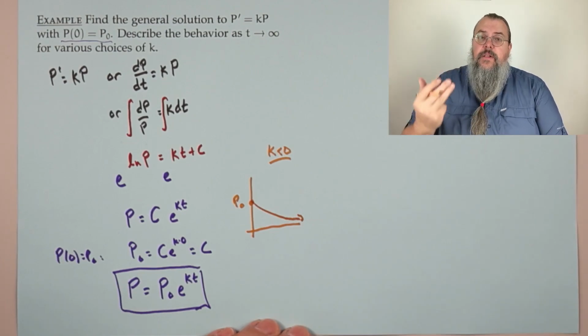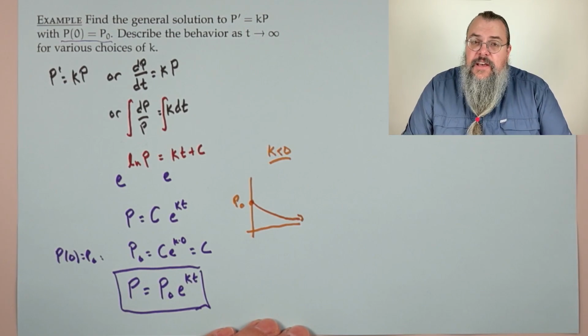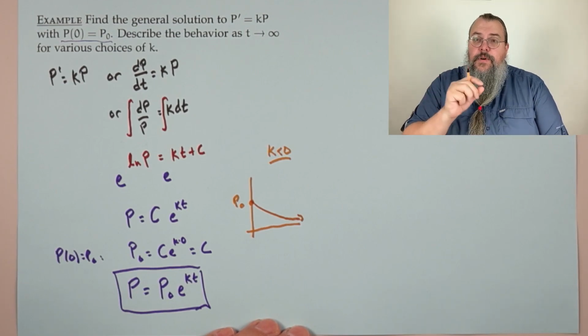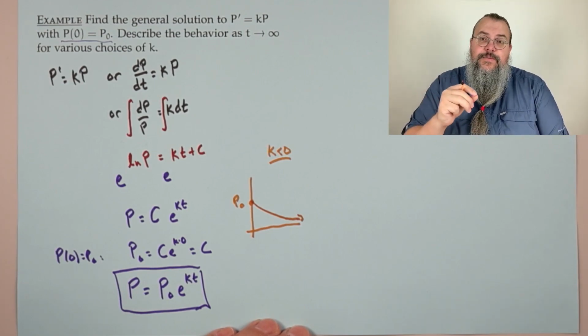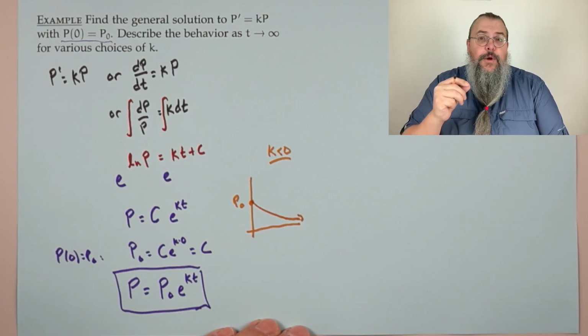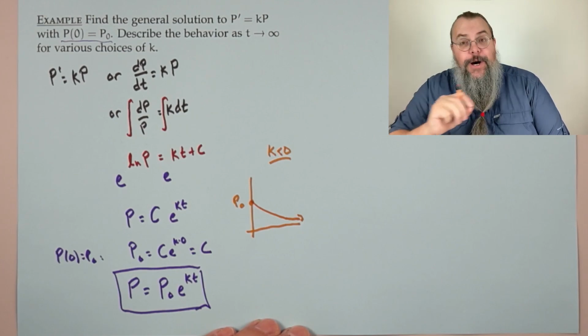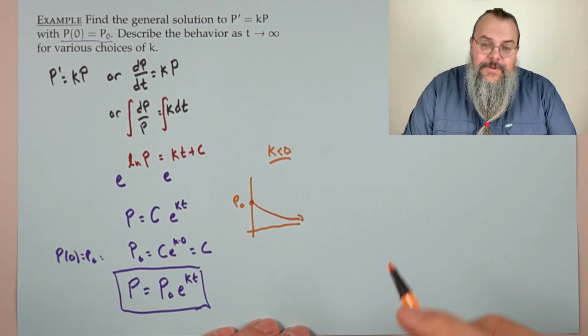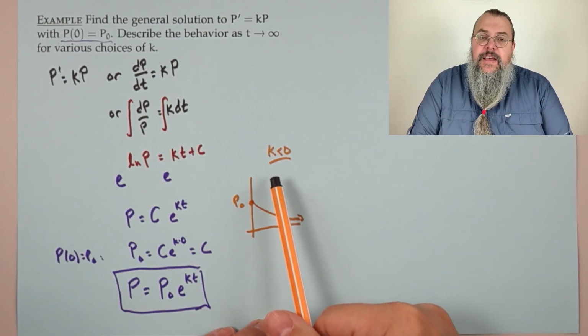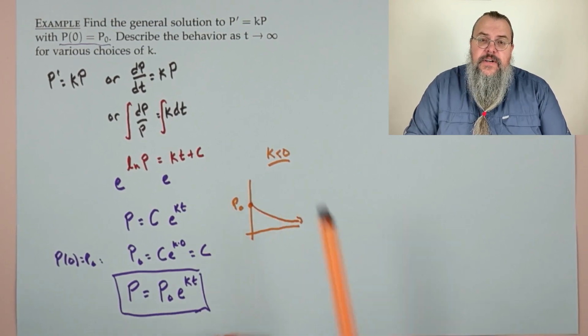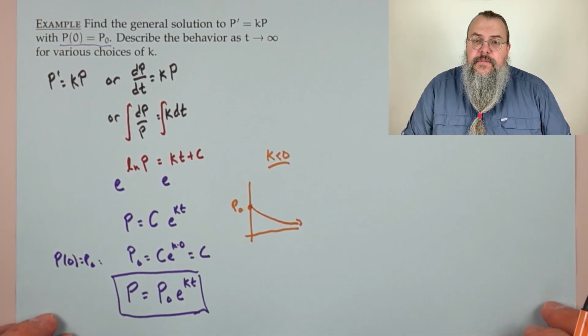That's why in the long run, for radioactive decay, the radioactive elements will vanish. Of course, for some types of radioactive elements, when we say the long run, we really mean the long, long run. So it takes time. It all depends on k. The larger k is in terms of size.